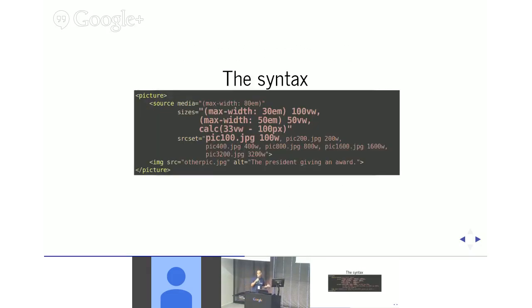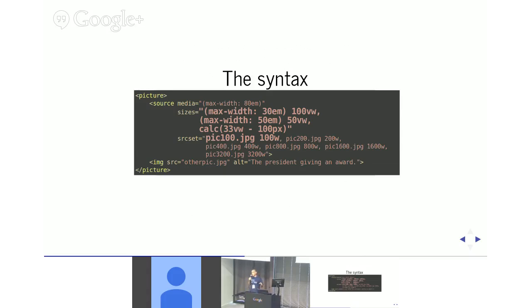The syntax is slightly more complex than what we've seen earlier, but it takes a little getting used to, and once you get it, it's working very well. So basically, the sizes attribute is a list of media conditions, a subset of media queries, and CSS lengths.